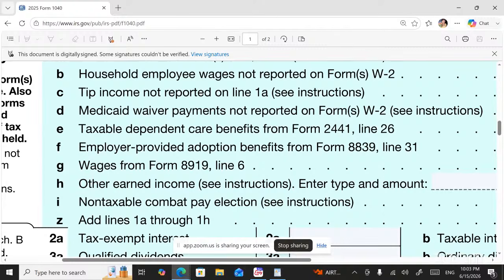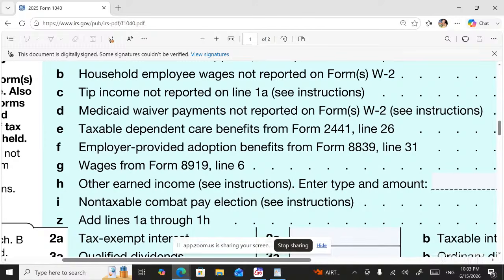So if any taxpayer who is adopting any child is getting support from the government, that amount shall be included here. Employer provided: this support amount is given by the employer to the employee for the benefit of adoption.